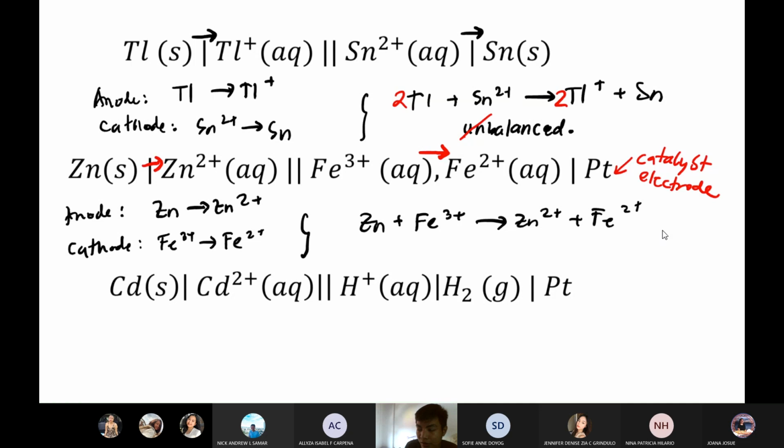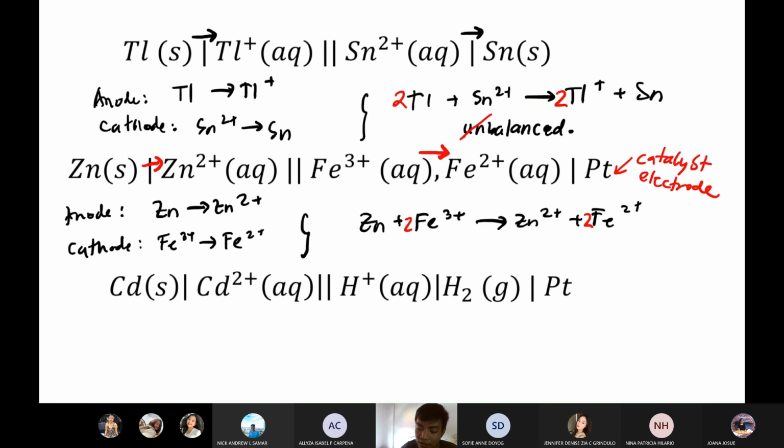Ikaw na mag-balance ng equation na yan. Mentally, balance natin. Okay, so this will be 2. This will be 2. And balance na yan. If you want to know why, gawin nyo na lang siya manually. Kayo na bahala mag-manual niyan.